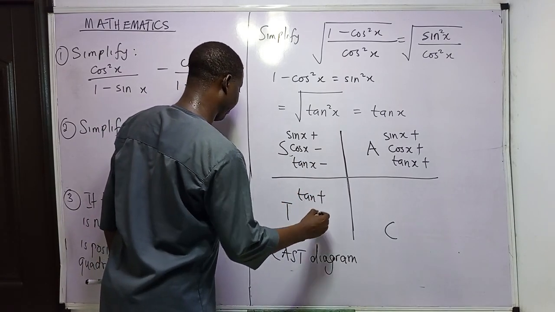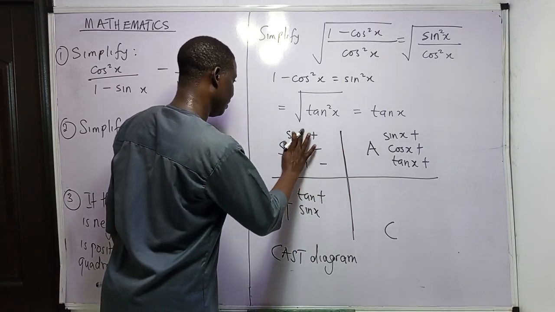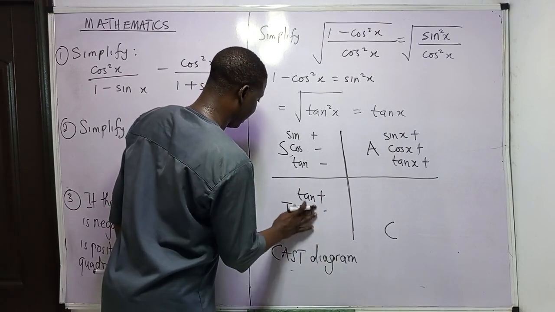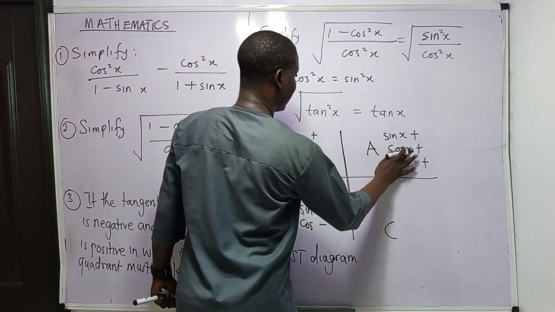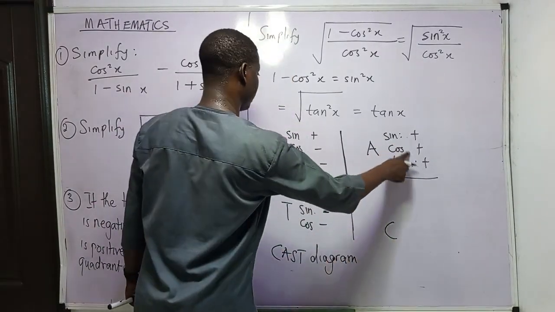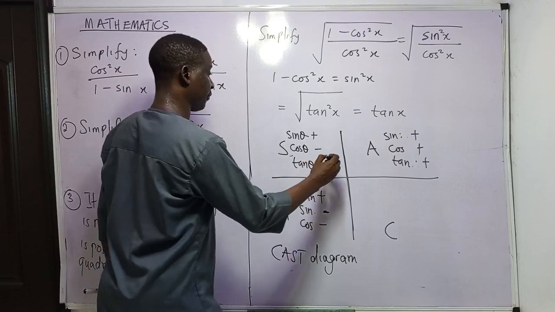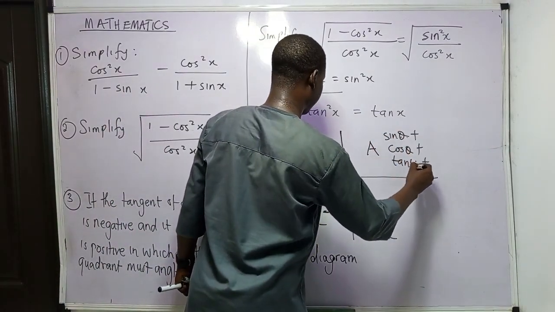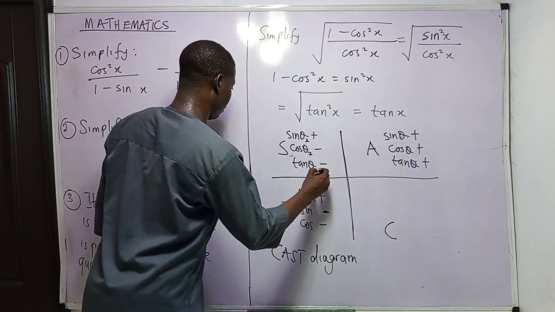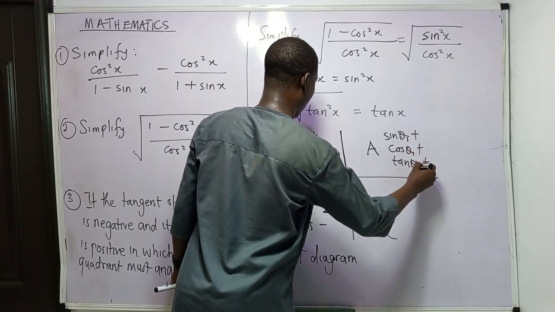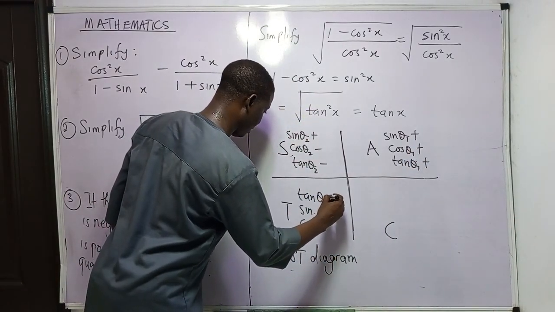Now the last one is what? In the third quadrant, tan is positive, sine theta is negative, and cos is negative. Let's do sine of an angle, cos of an angle, tan of an angle, like that. Let's call this one 2, this first quadrant 1. Then this one, theta 3, the third quadrant.